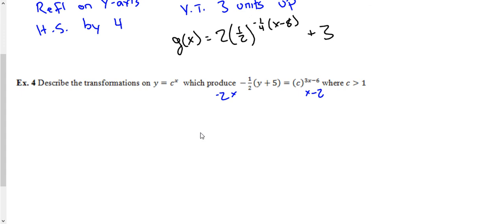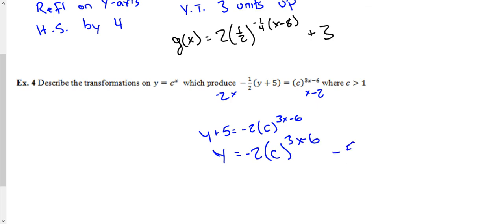So you end up with y plus 5 equals negative 2 bracket c of 3x minus 6. And of course I want to move this 5 to the other side, so now I have y equals negative 2 bracket c of 3x minus 6, and you have a minus 5 after all of that.